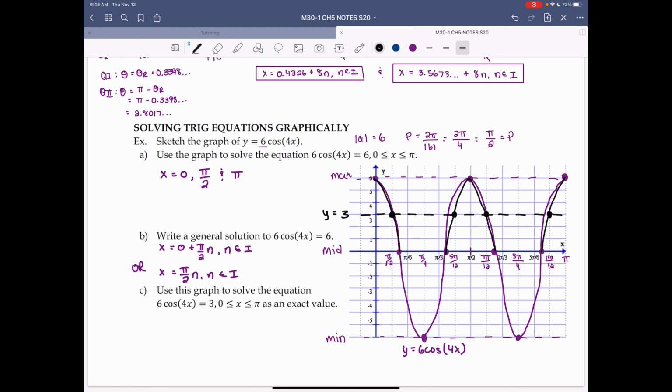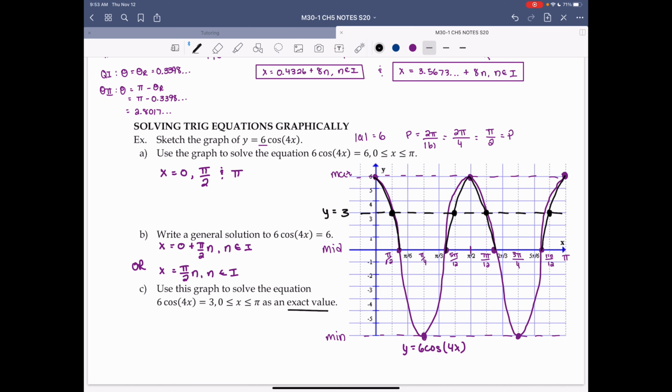Okay, so we can reasonably assume that they're going to be these values, especially because it says give exact values. We have to be able to read the x value for each of these points from our graph. So they would each have to land on one of the lines on the x-axis.